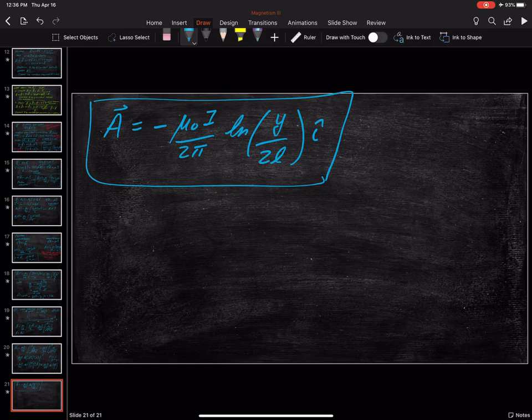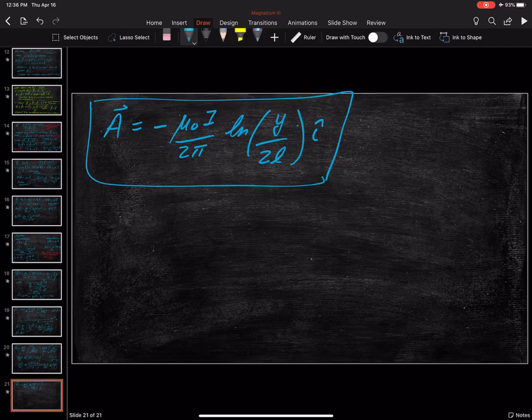Now, this L here, doesn't this blow up? Yes, if you set L to infinity, this causes problems. But remember, A isn't unique. You can always add to it an additional constant.